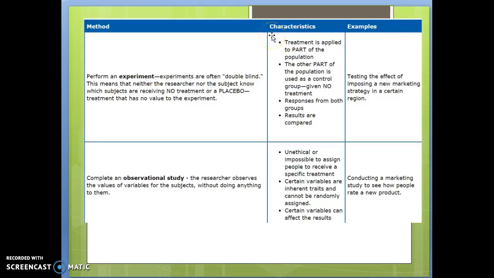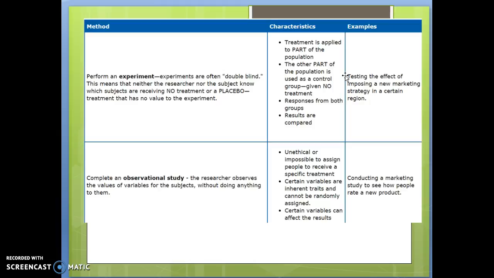Here's the characteristic. Treatment is applied to part of the population. The other part of the population is used as a control group given no treatment. Responses from both groups are compared. So here's the example. Testing the effect of imposing a new marketing strategy in a certain region.